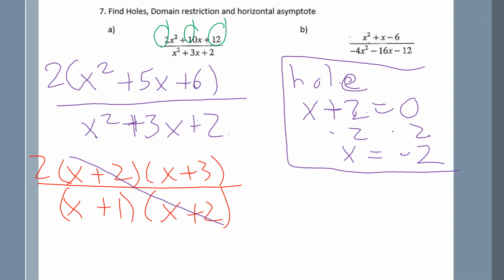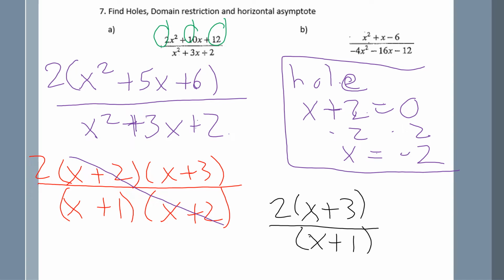All right. What am I left with? I am left with 2 times x plus 3 over x plus 1. All right.